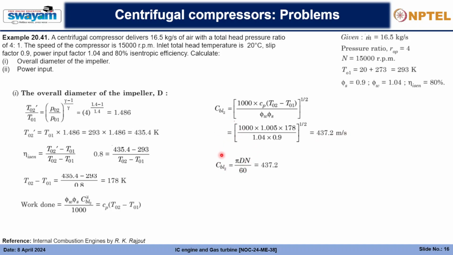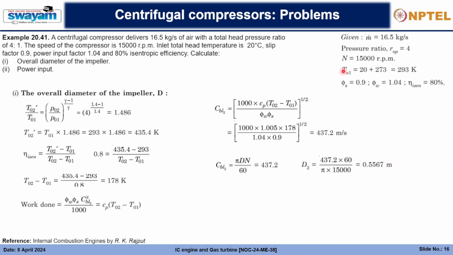Next, C_w2 is also equal to pi D N by 60, and that is 437.2 meter per second. To calculate the overall diameter of the impeller, we just replace that: D2 equals 437.2 into 60 divided by pi into N, which is 15,000, and we get D2 to be 0.55 meter.